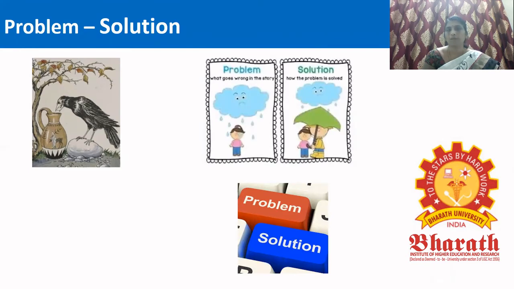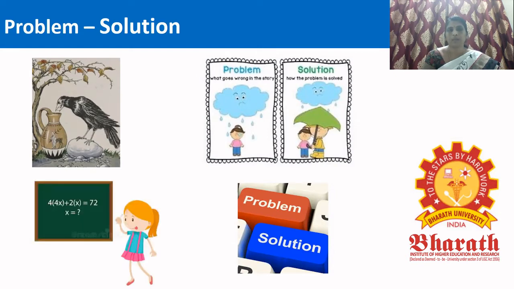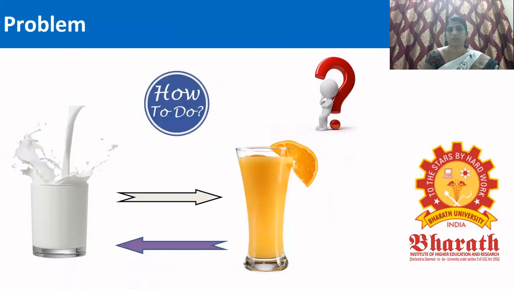Any problem in day-to-day life, say for example, when you have rain, we need an umbrella. All the mathematical problems need solutions. For example, we have done a mathematical algebraic formula, we need a solution for it. So every problem needs a solution. So when there is a problem, how to do?